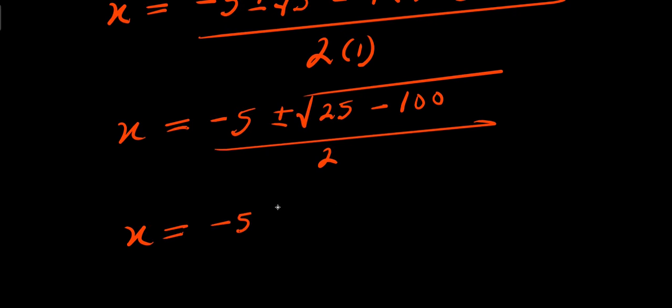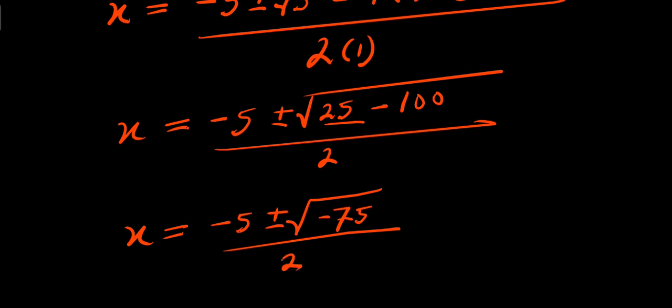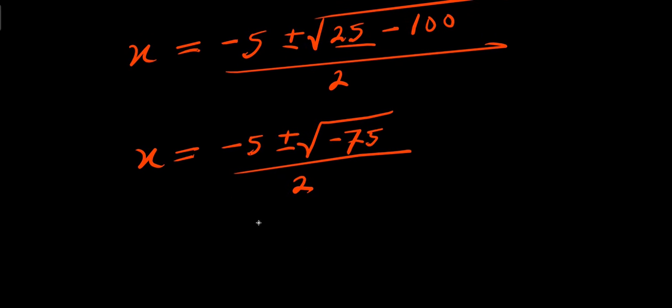X equals negative 5 plus or minus square root of 25 minus 100, which is negative 75, divided by 2. So from here we have x equals negative 5 plus or minus, this negative here, you are going to have square root of negative 1 times square root of 75.